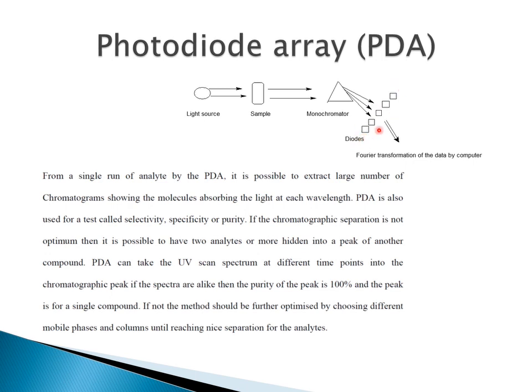We call this part a diode array because we have an array of diodes. These data will be further manipulated by mathematical Fourier transformation in order to convert the sinusoidal function, like the sine function of the wave here, to just a signal. And in this case, we can manipulate the data properly.